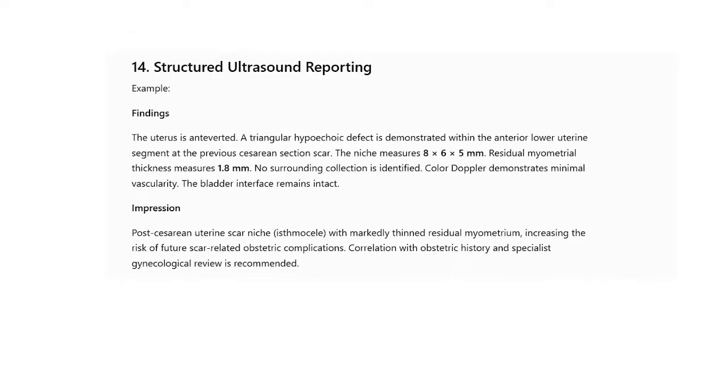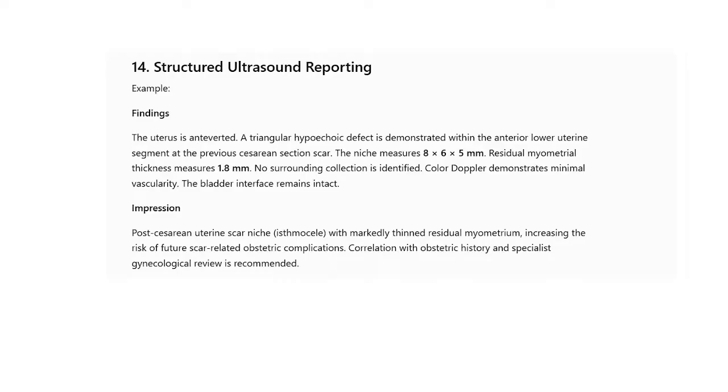So, the structured ultrasound report that you're supposed to produce when you see a niche. Findings: the uterus is anteverted. A triangular hypoechoic defect is demonstrated within the anterior lower uterine segment at the previous cesarean scar. The niche measures 8 by 6 by 5 millimeters in 3 dimensions. Residual myometrial thickness measures 1.8 millimeters.